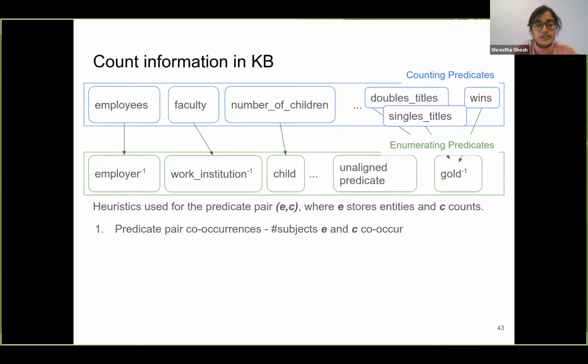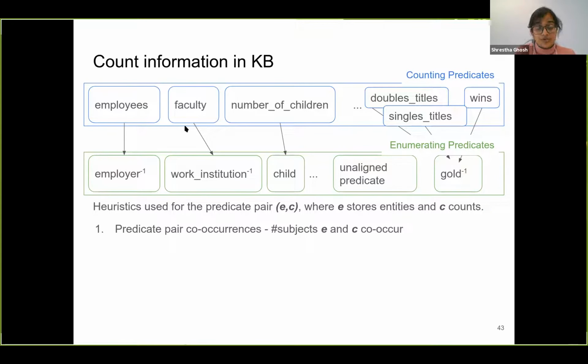So the first heuristic is to look at co-occurrences. So how many subjects do the pairs co-occur for? And well, this is good because for institutions, the pair employees and employer would co-occur much more frequently than the pair employees and gold titles, or employees versus child.